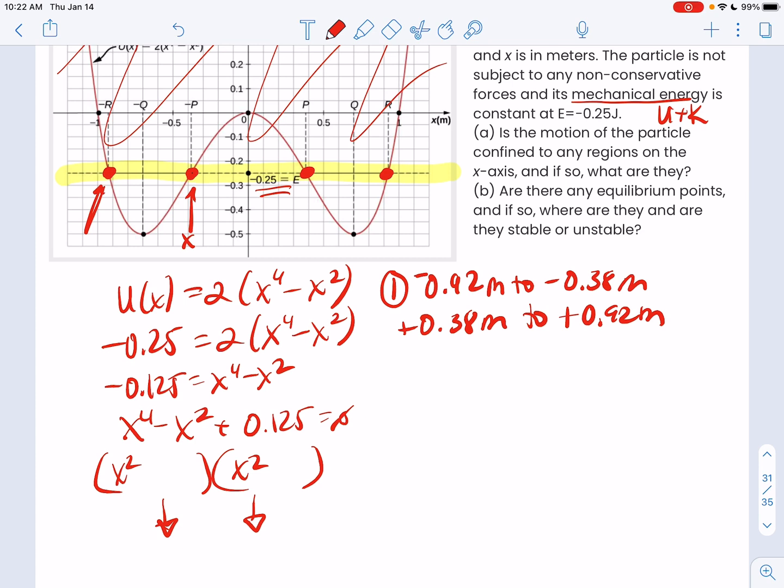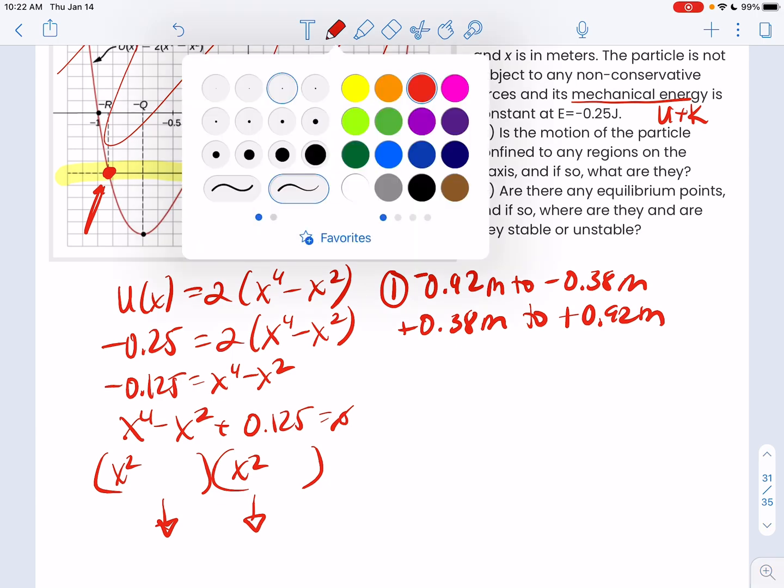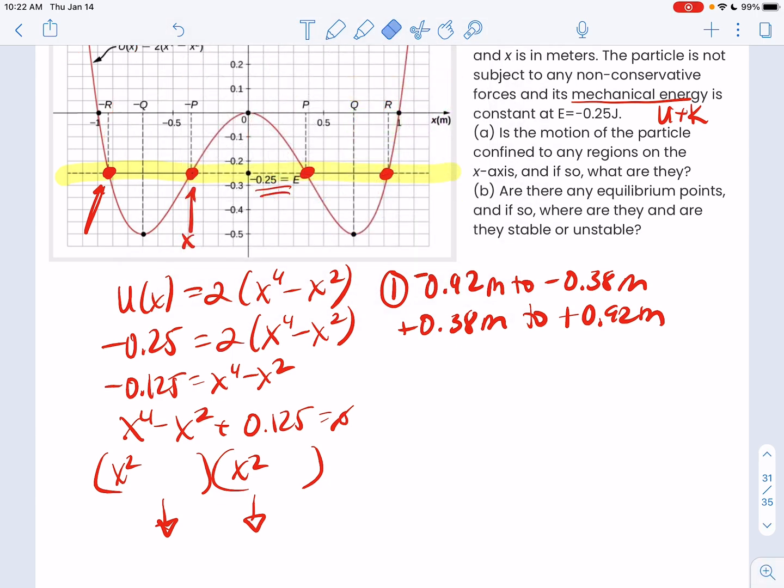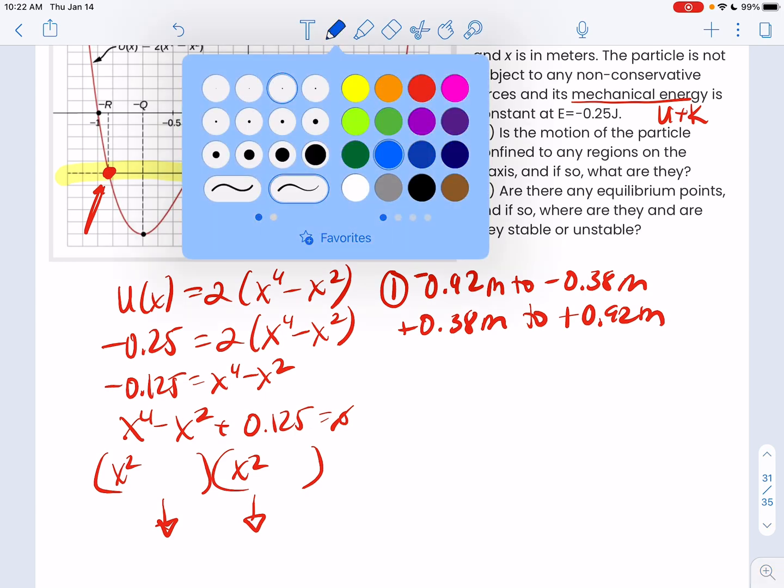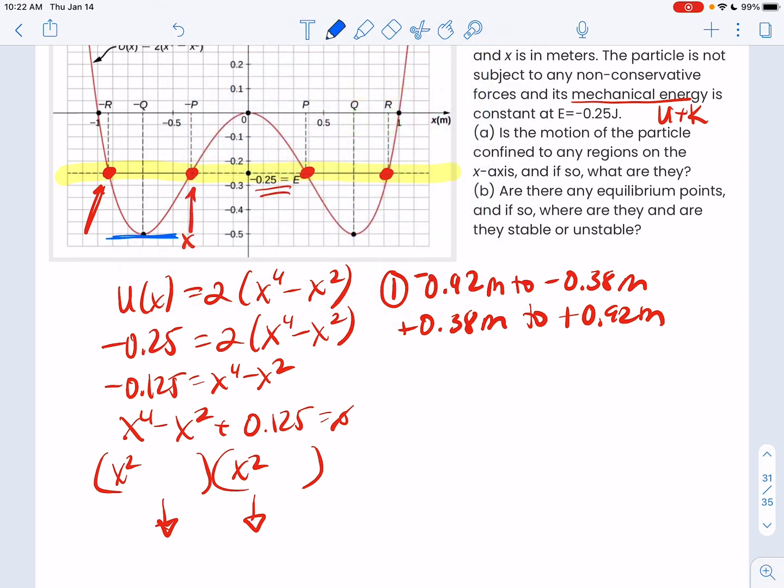Are there any equilibrium points, and if so, where are they, and are they stable or unstable? Everywhere the slope is 0, we're going to be looking for equilibrium points. So that would be here and here, and I guess this would be here of the function. It can't get there in this example where the energy is only negative 0.25, but in theory it could.